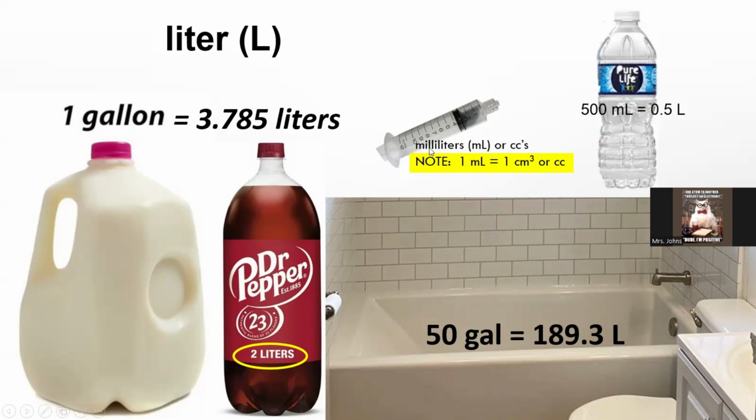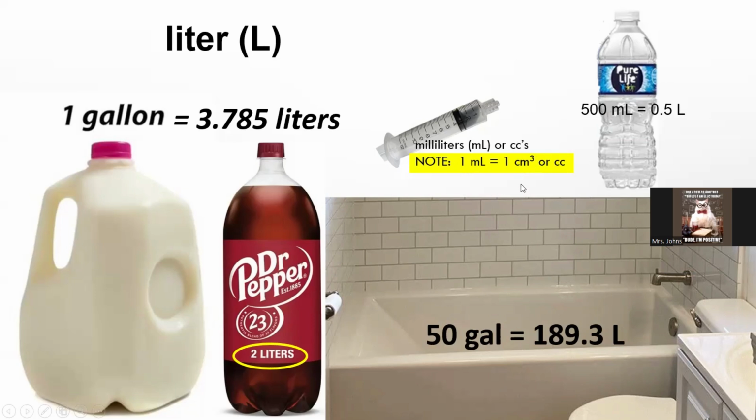And then if you take medicine or a syringe at the hospital, it is measured in milliliters or cc's. You might note that 1 milliliter is equal to 1 cubic centimeter.